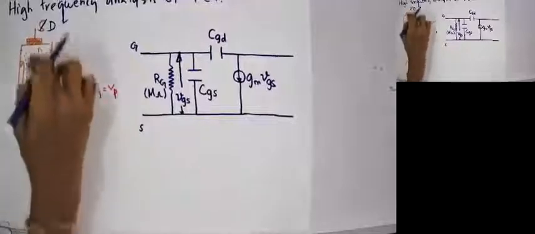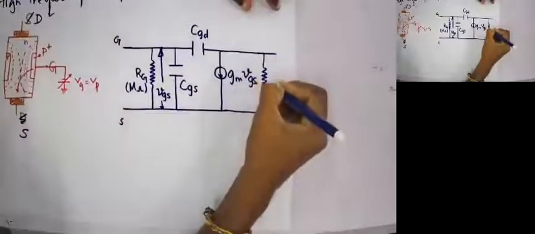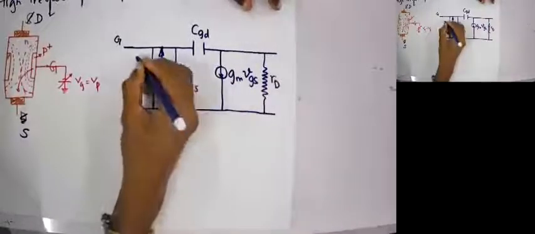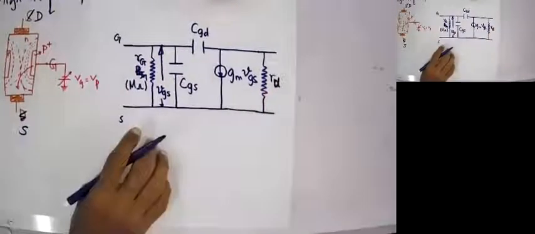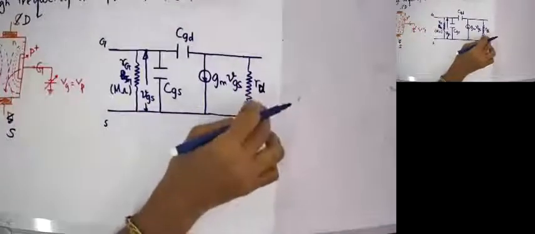And then we have the resistance of the channel, the effective resistance of the channel, which is denoted by small rd. I could represent this one with small rg, the gate resistance, and this will be small rd, the effective resistance of the drain.